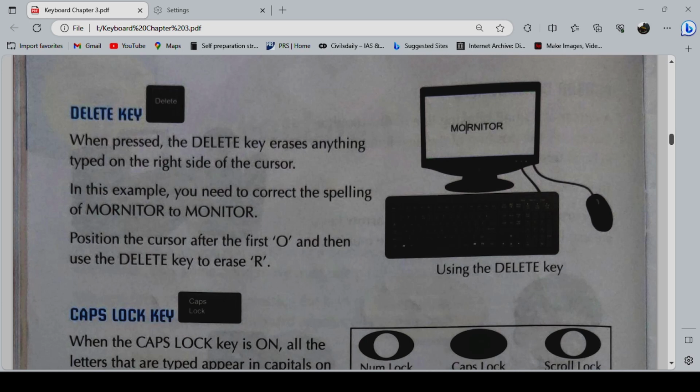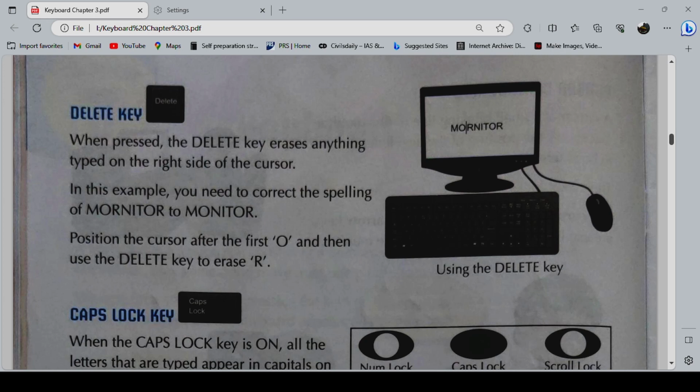Be quick. Where is O? M-O. Okay, so this is the wrong spelling, whereas actually it is monitor.